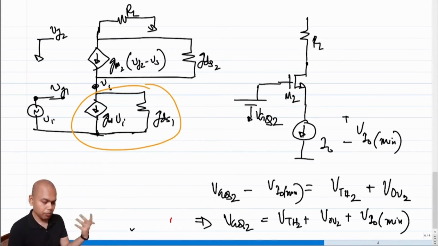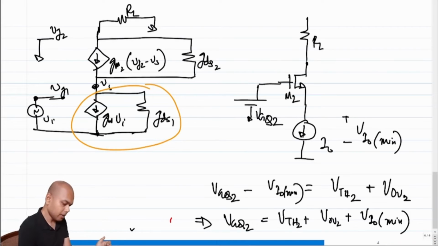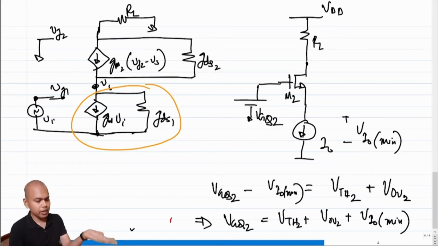Okay, so this we had already decided. And what did we decide on how to bias RL? This is the simpler part. We can simply say that this is connected to VDD, and as long as VDD is high enough, we can ensure that M2 remains in saturation, right?